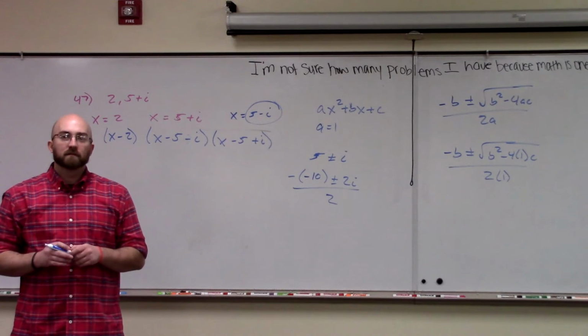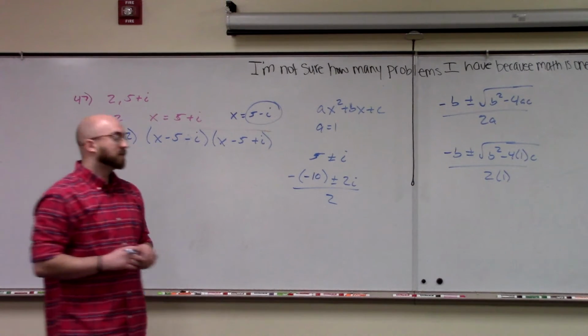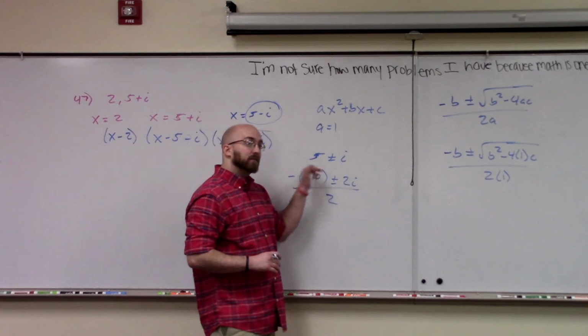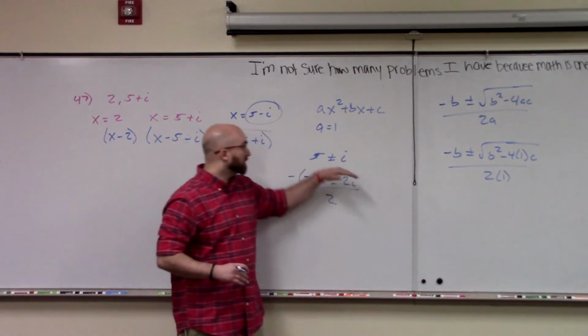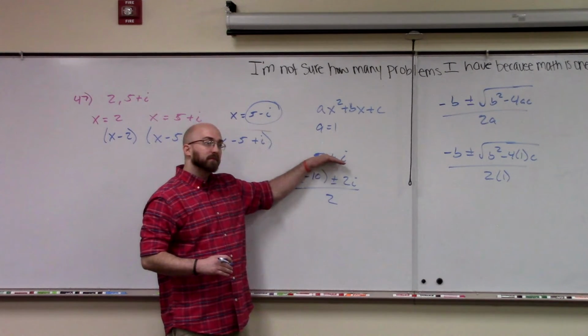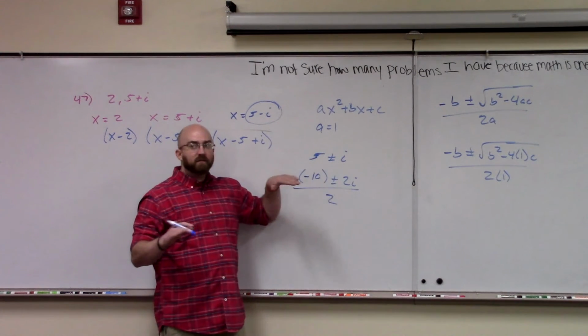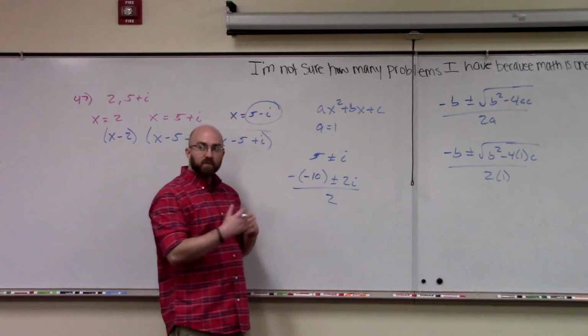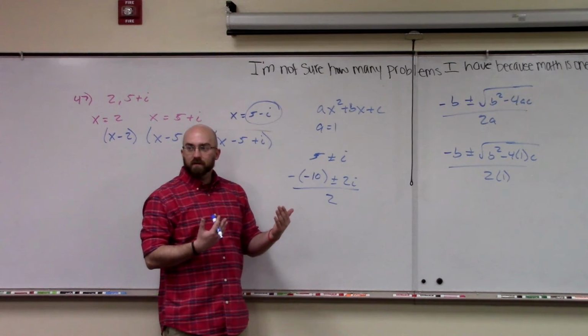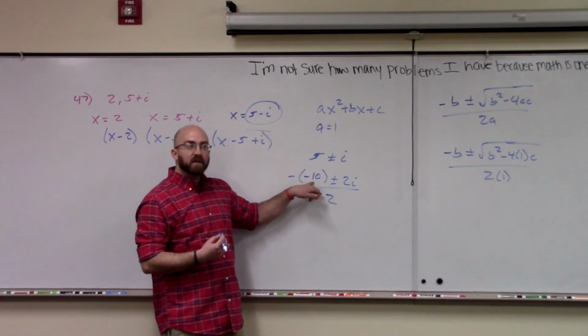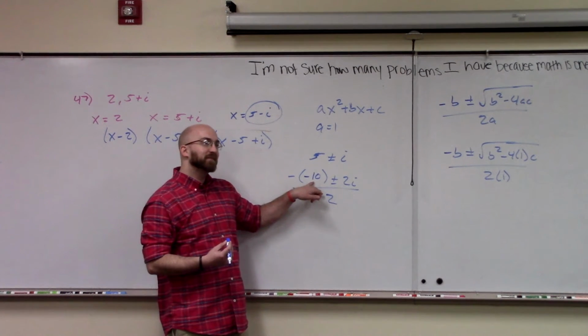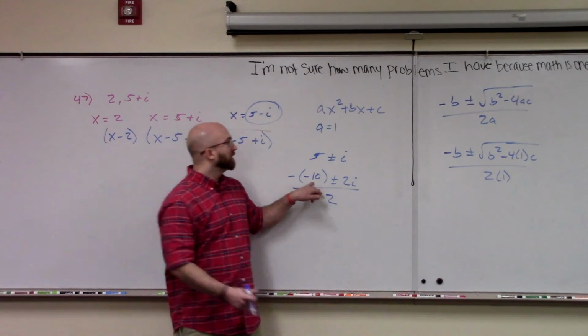How'd you get the 10? Just 5 times 2, because it's not being divided by 2, right? But I know the quadratic formula divides by 2. So that means I need to multiply both of these by 2. If you're confused, it's fine. I'm showing this for some people that want another way to do it. Just try to follow along if you can. So this tells me what my b is. My b is negative 10.